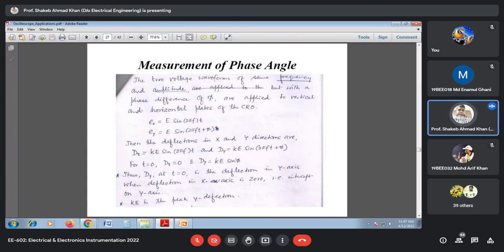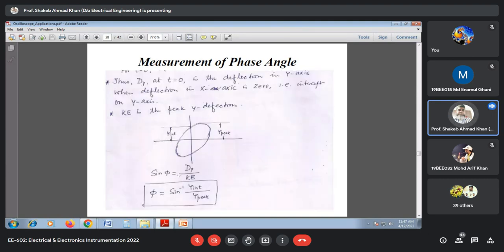So sin phi will be equal to dy upon Ke. At t is equal to 0, dy is basically the intercept of this pattern on the y-axis, because when t is equal to 0, the deflection will be only in the y direction, and that will be equal to Ke sin phi.